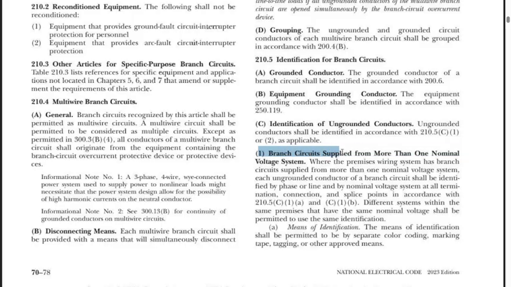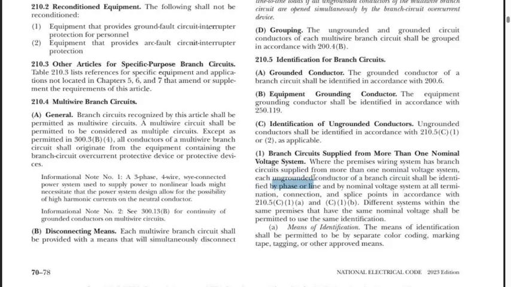It says branch circuit supplied from more than one nominal voltage system. Where the premises wiring system has branch circuits supplied from more than one voltage system. All right, so in other words, it's saying where the wires in the building are supplied from two different voltages, like the low and the high.